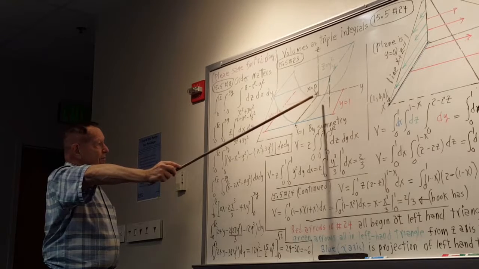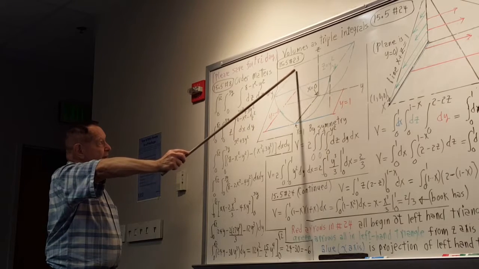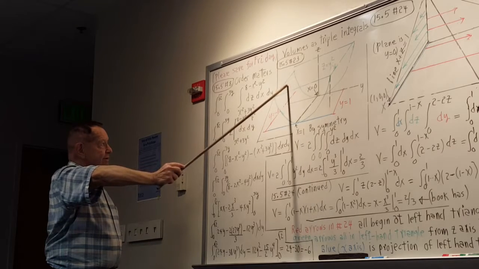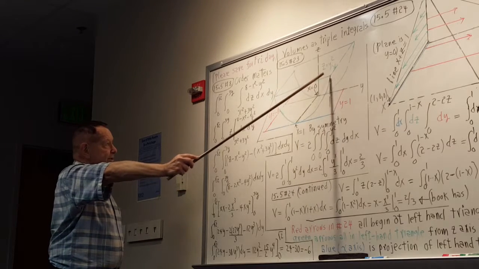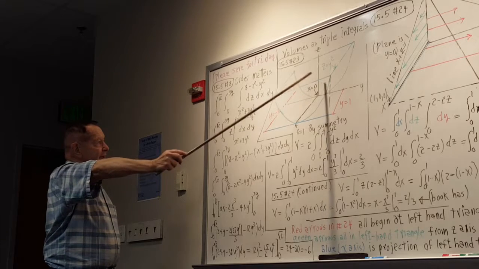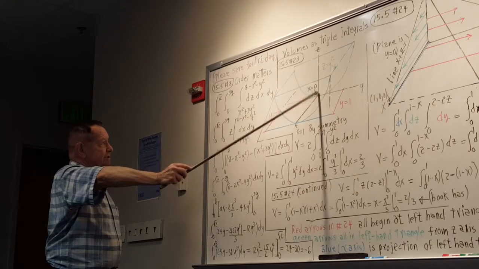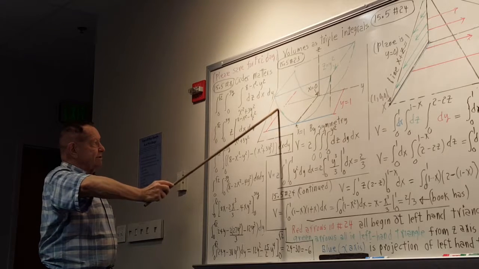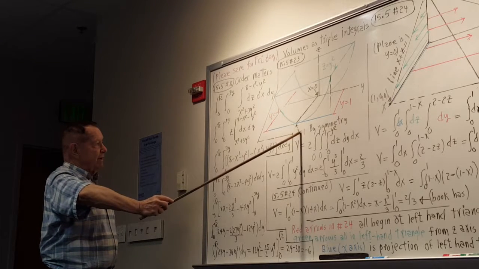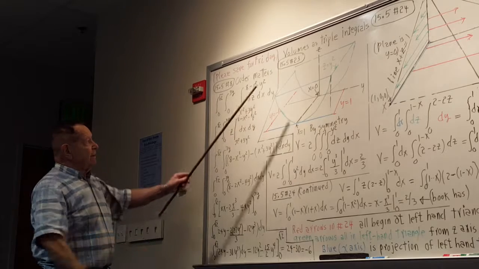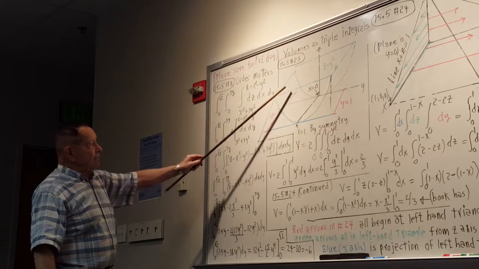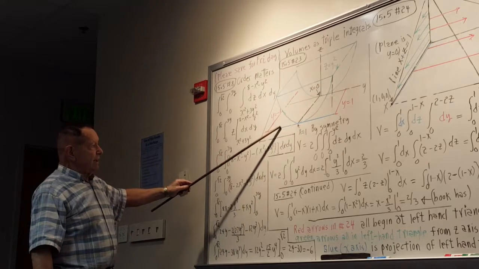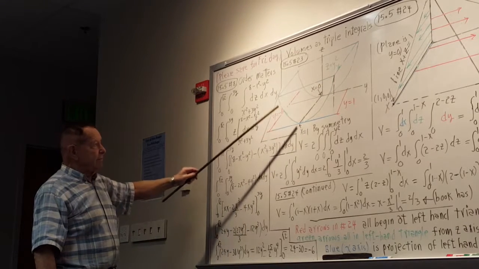And the problem is telling you that the volume is bounded by this green parabolic cylinder on top, the plane where x is 0 on the back end, the plane where x is 1 on the front end, and you want the volume where this green cylinder is the top and the xy plane is the bottom.